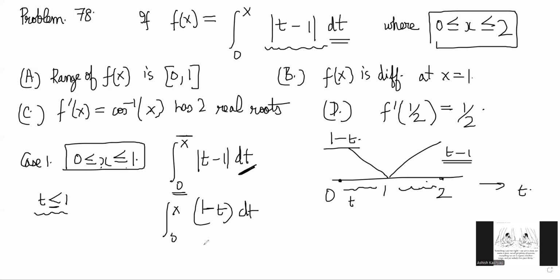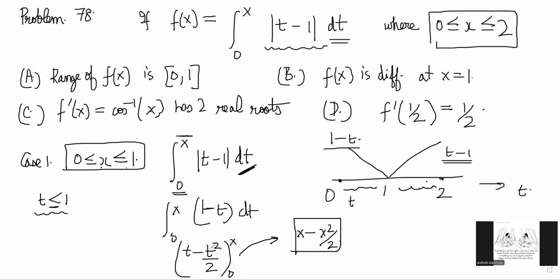And this integral you can evaluate. It will be t minus t square by 2 from 0 to x, and you'll get basically x minus x square by 2 after calculating the integral. So what we have figured out here is if x lies between 0 to 1, the function is equal to this, because in that case, the modulus is going to be 1 minus t.